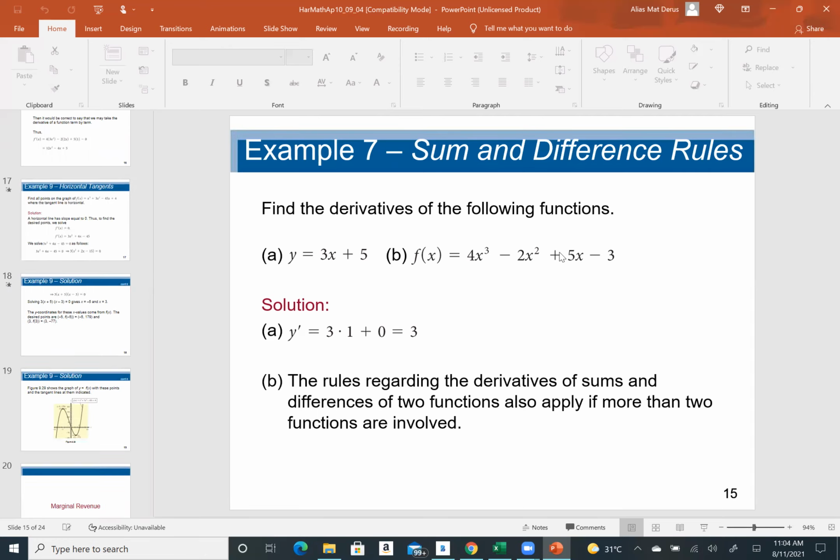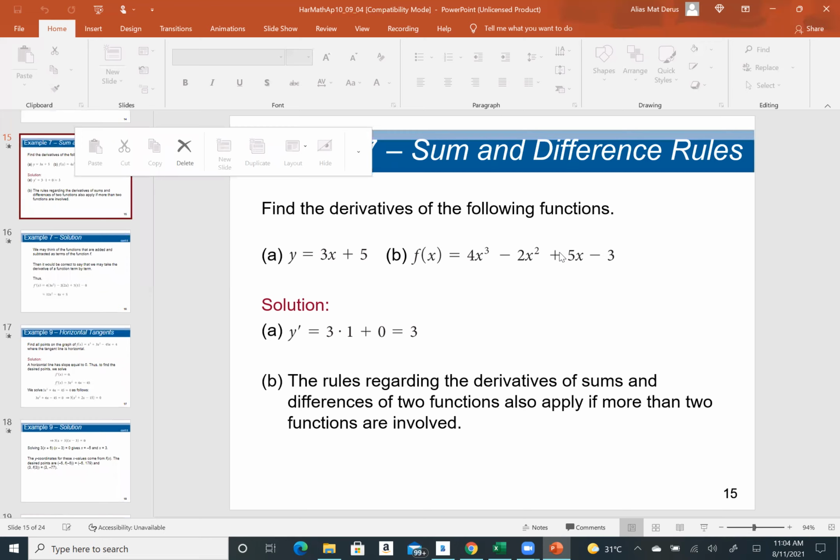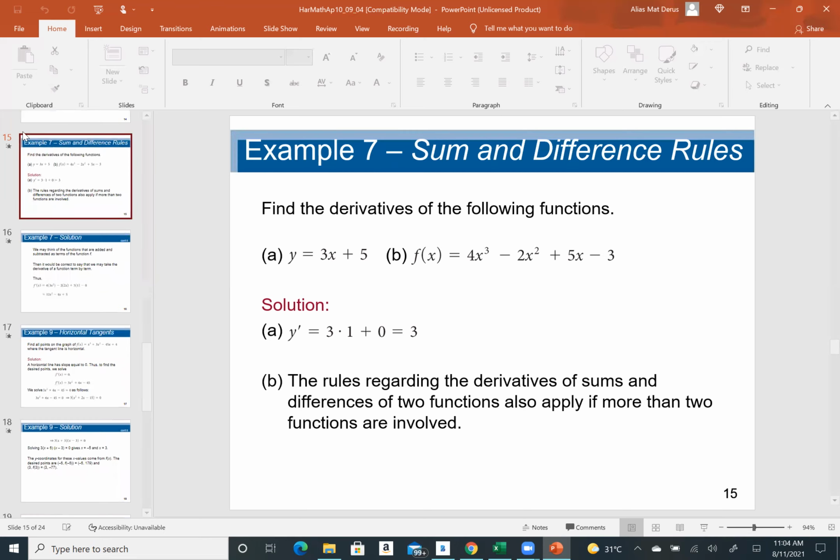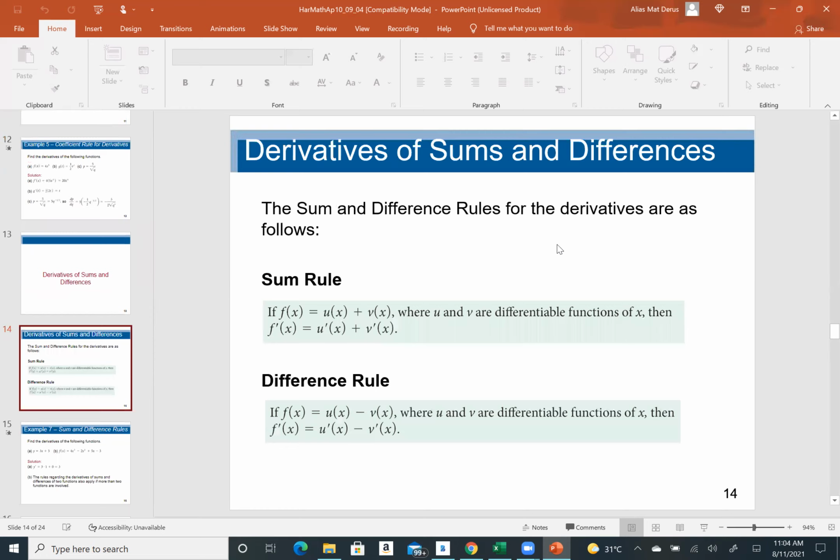So these are the rules in 9.4. So let's go to exercise 9.4. If you look there is a product rule.